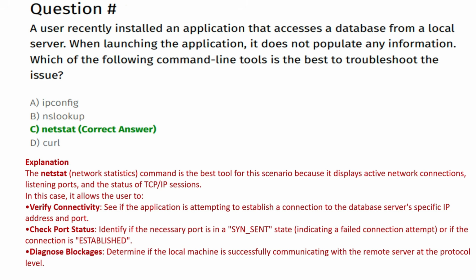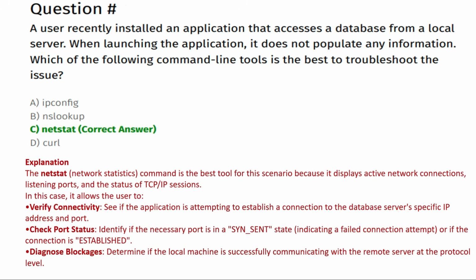So let's check the explanation. The netstat network statistics command is the best tool for this scenario because it displays active network connections, listening ports, and the status of TCP/IP sessions. In this case, it allows the user to verify connectivity, to see if the application is attempting to establish a connection to the database server's specific IP address and port.